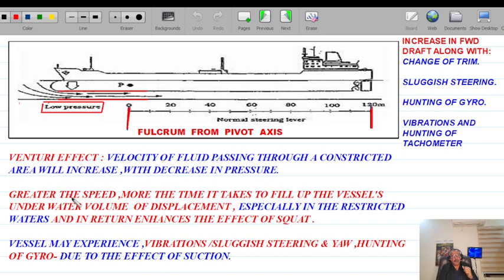So I repeat again, the greater the speed, the more time it takes to fill up the vessel's underwater volume of displacement, especially in restricted waters, and in return this enhances the effect of squat.